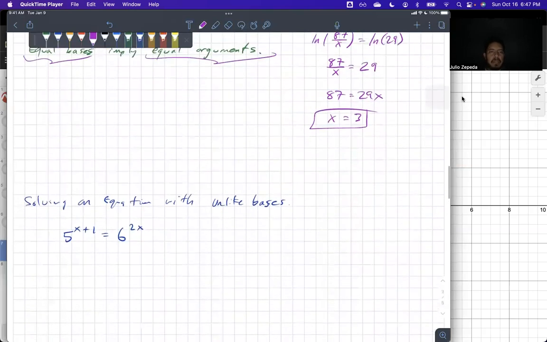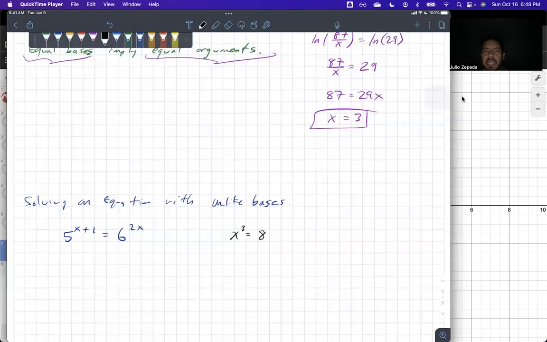How do we solve an exponential equation with different bases? Well, we can actually apply a logarithm to both sides of this equation. So just consider this problem here. Let's say I had x cubed equals what's a cube number? 8, right?